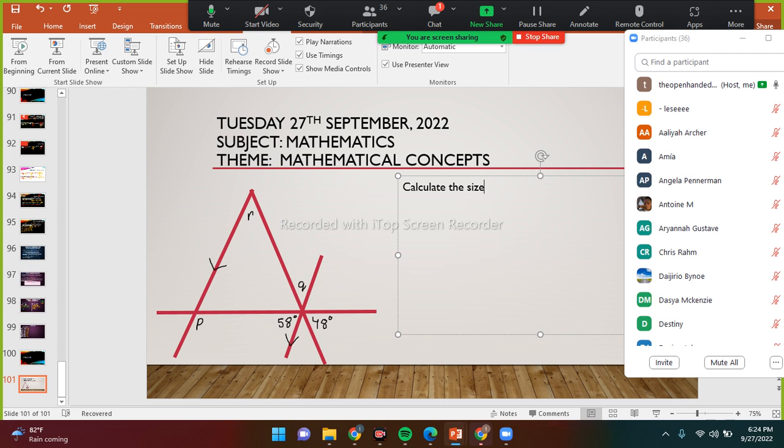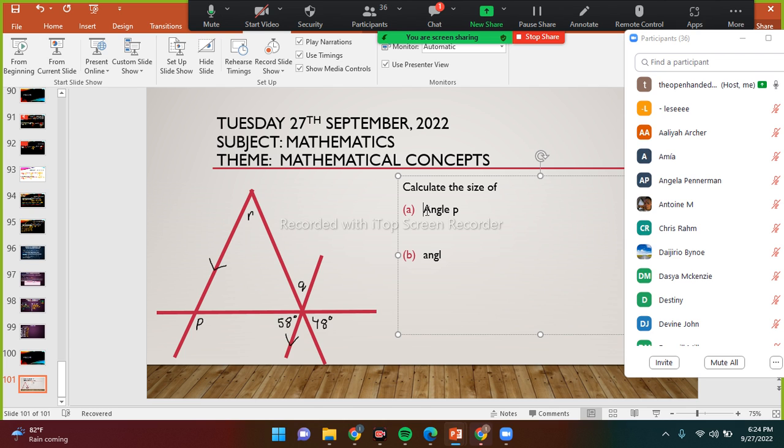It's a part of the shape that we drew. So in light of what we have, we want to calculate the size of angle P. And after that I want to know the size of angle p.